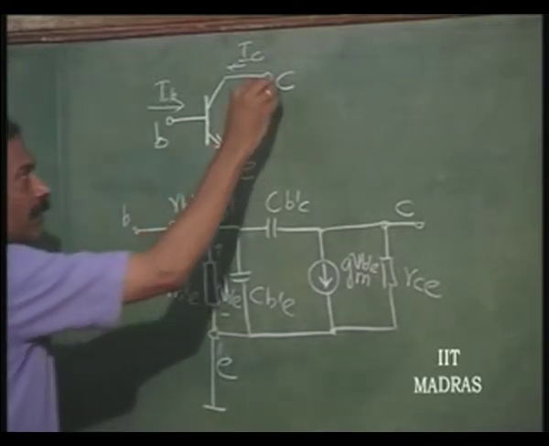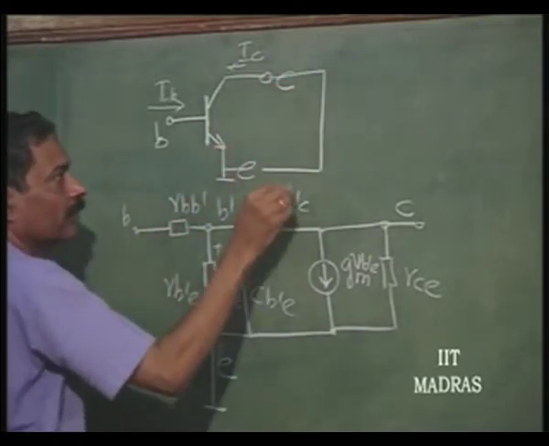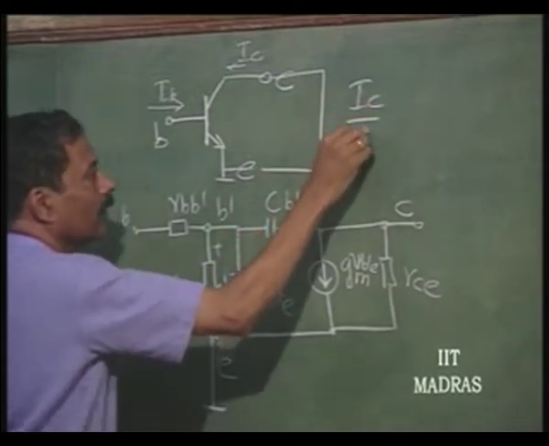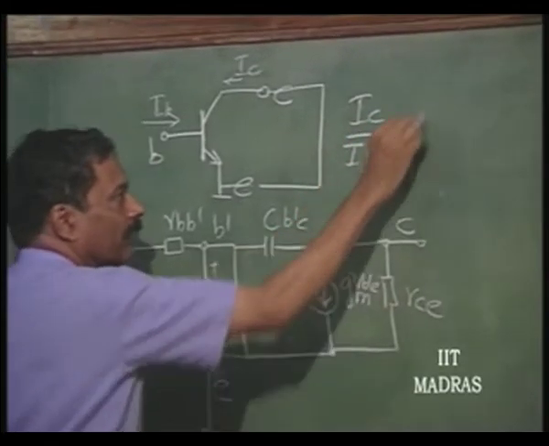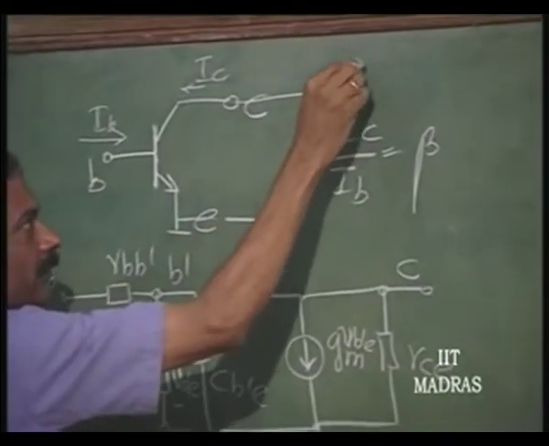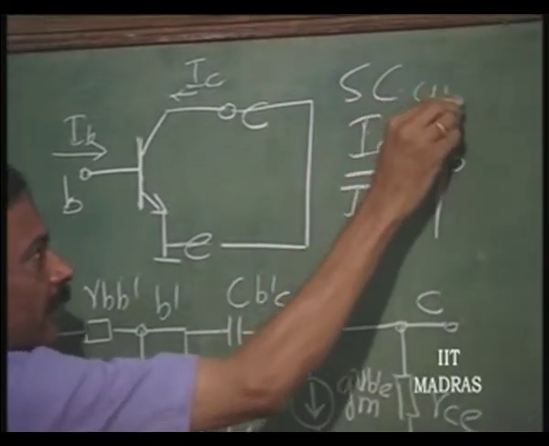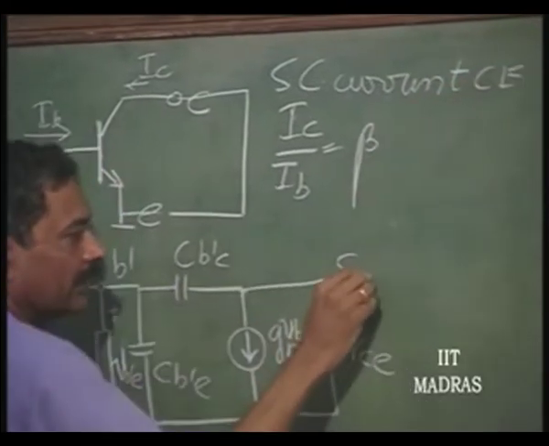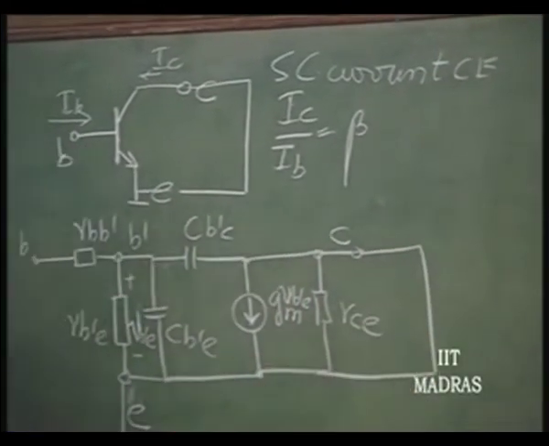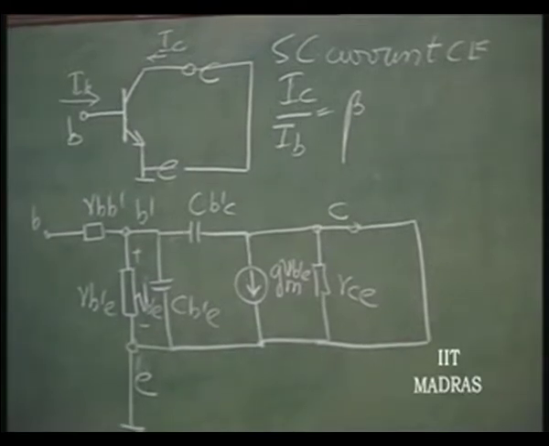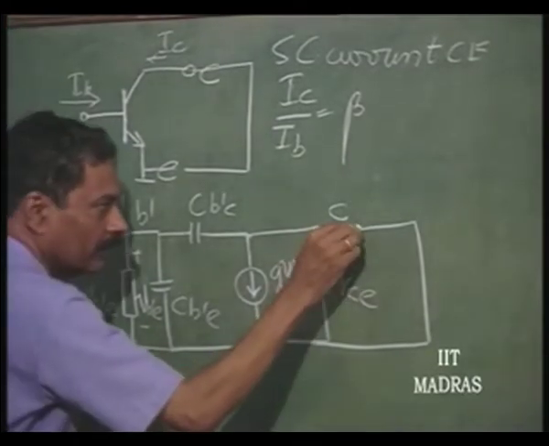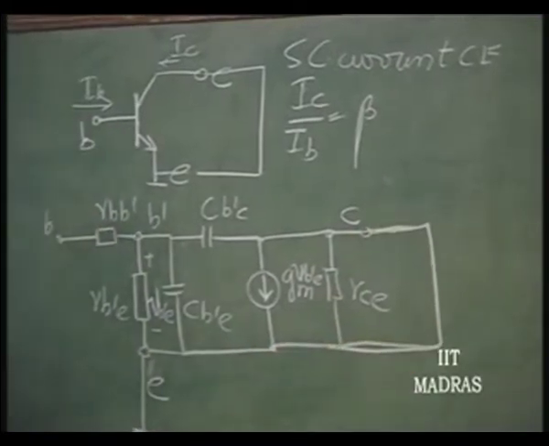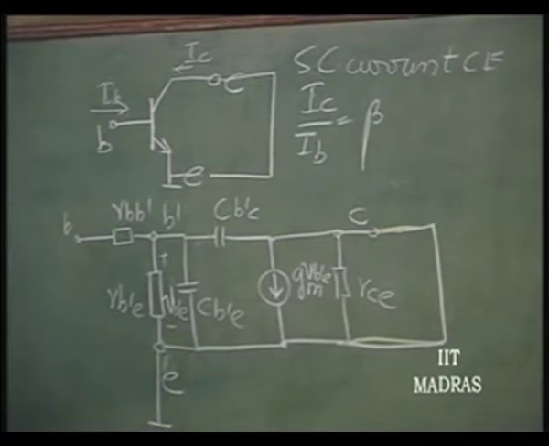So, if I short circuit the output, then IC by IB is called beta by definition. It is called the short circuit current gain of a common emitter transistor. That means the output is shorted, and the short circuit current gain is defined as beta.